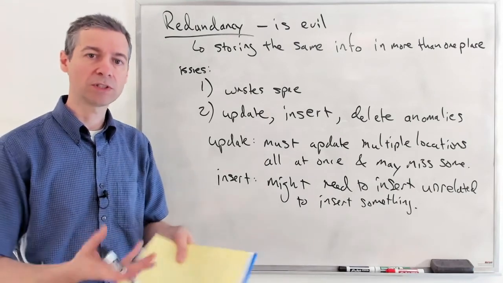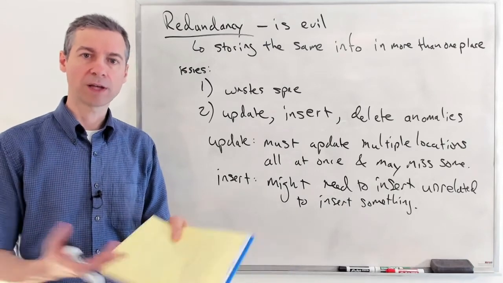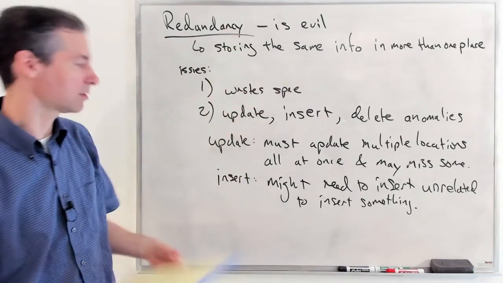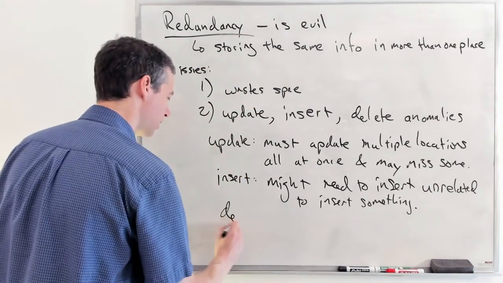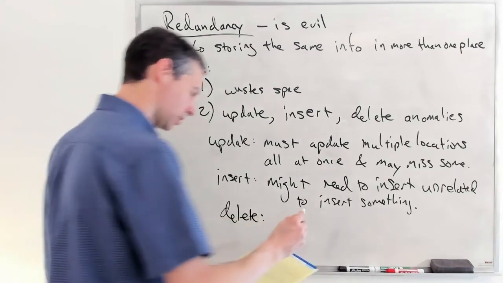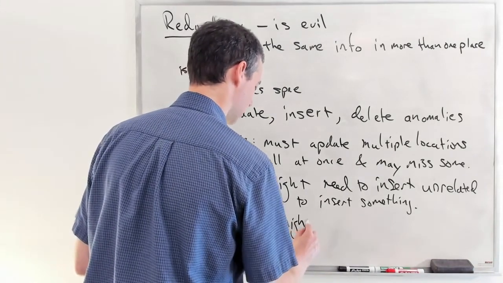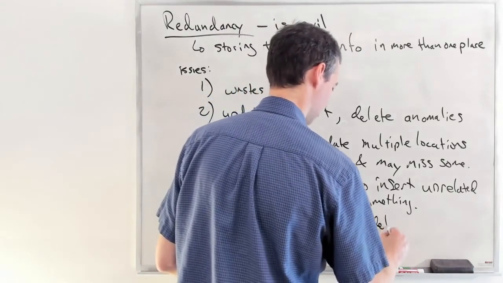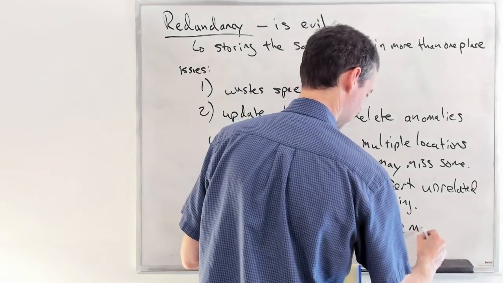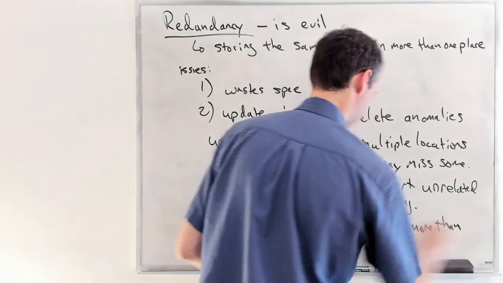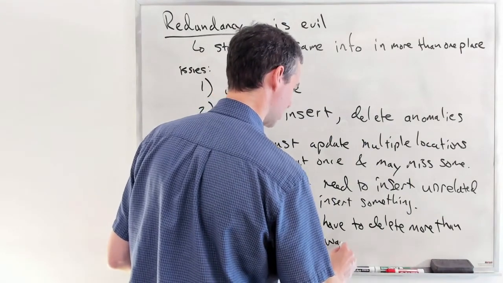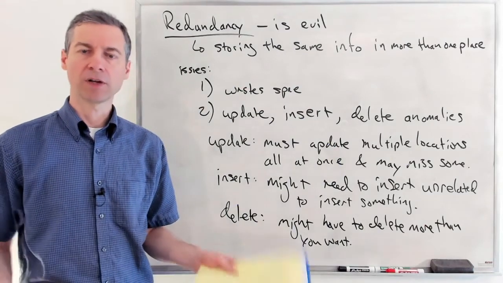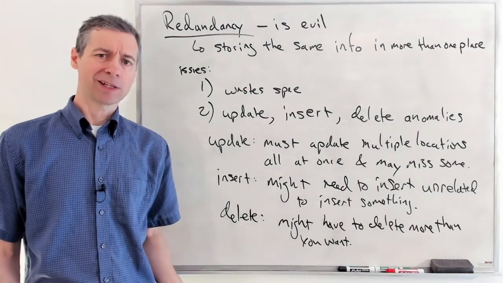And we'll see that usually this is tied to the notions that we've got what are known as dependencies, and dependencies lead to redundancy. And finally, a delete anomaly is very similar. You might have to delete more than you might want to. So in other words, we want to delete one thing, but we actually end up having to delete a bunch of other data as well to get rid of it, and that could be really problematic.